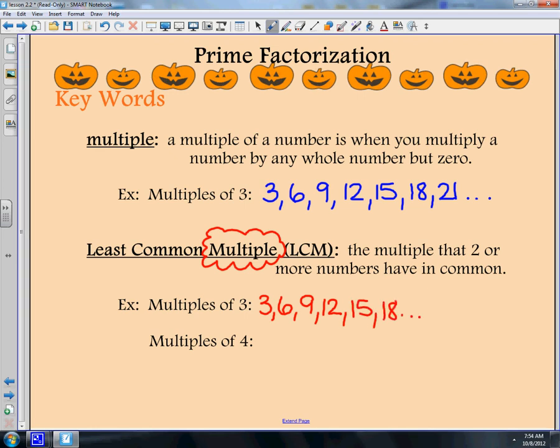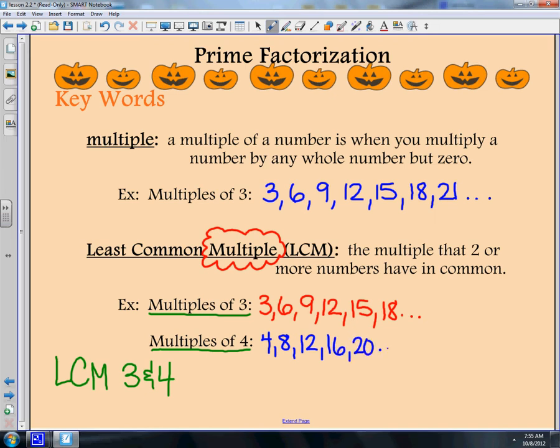And they want me to find the LCM, this is what this is called, the LCM of 3 and 4. So I'm starting with 3, right there I just did 3, and now I need to do 4. So I'm going to say 4, 8, 12, 16, 20.